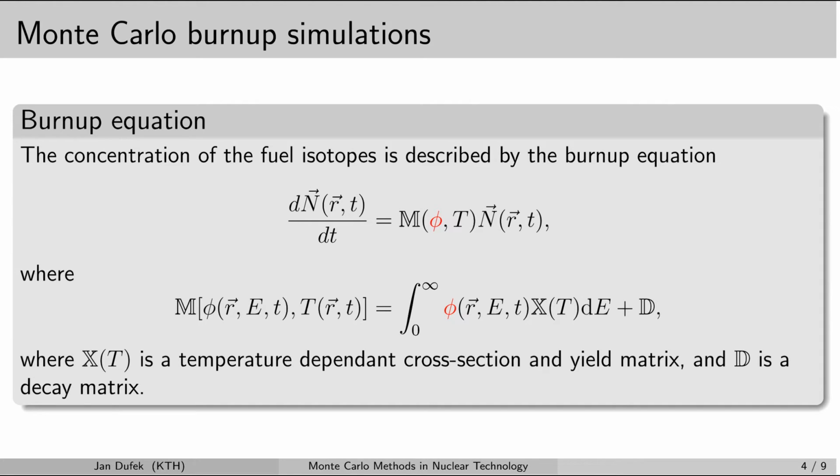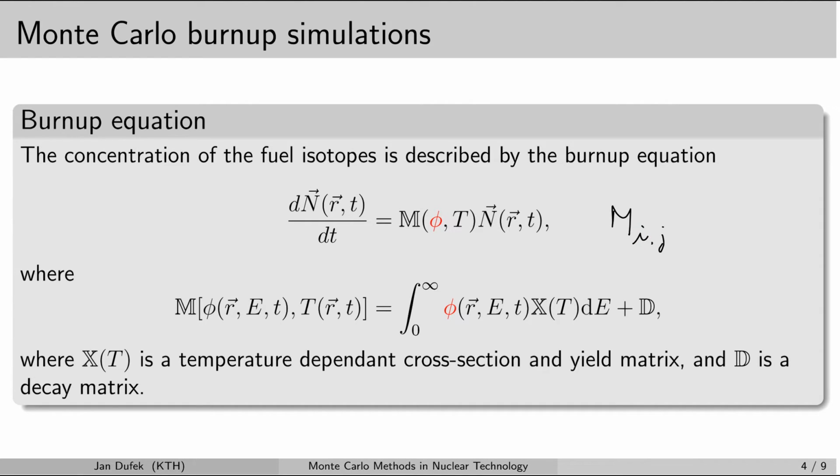So for instance, if we take the matrix element Mij, that would represent the rate at which the nuclide J would be transmuting into nuclide I.